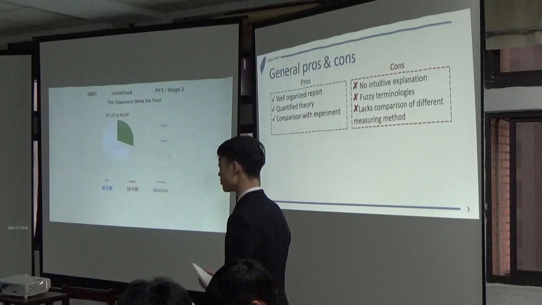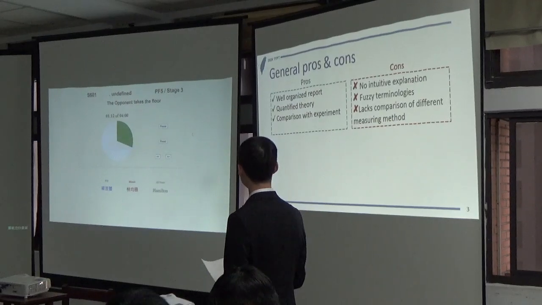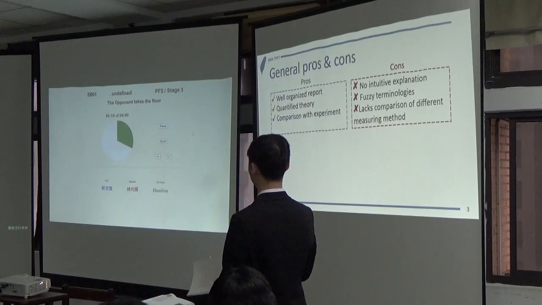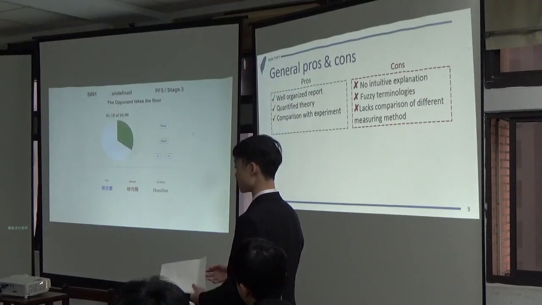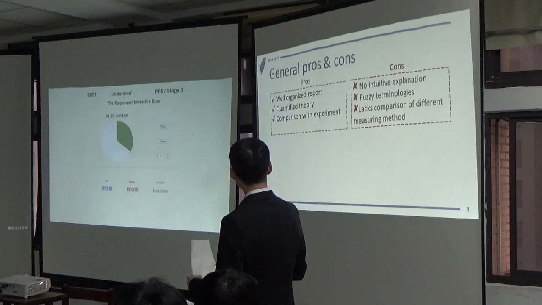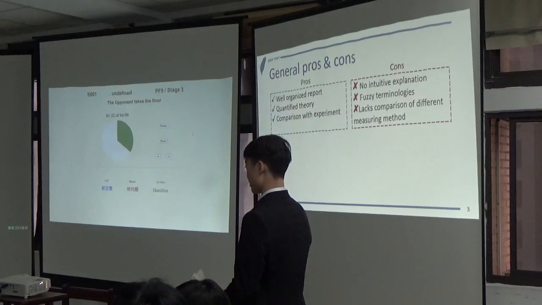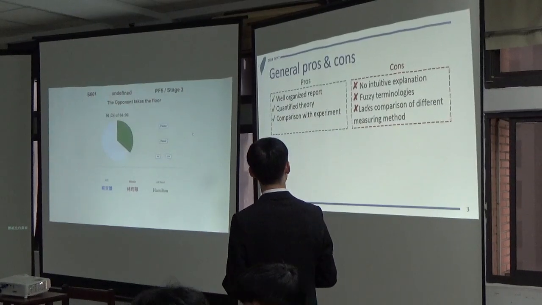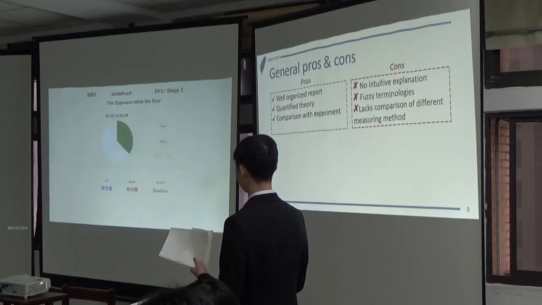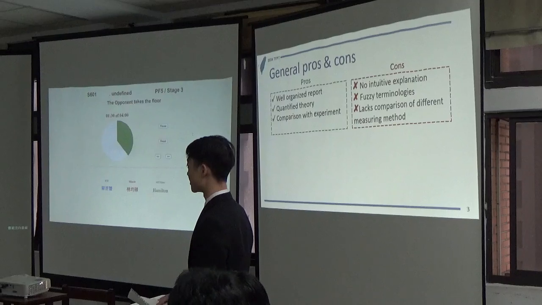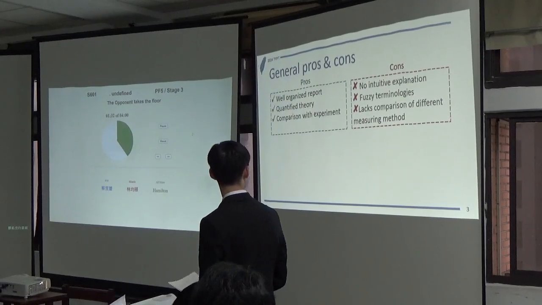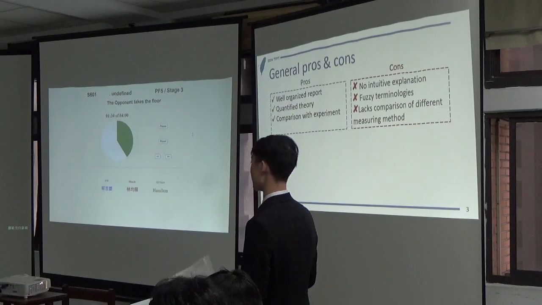Okay, so for general pros and cons for the reporters, we think that you have a well-organized report and a quantified theory of the torque, and you compare your theory with the experiment, but we think that you have fuzzy terminology in terms of the bending angle and the stiffness of the ruler, and we think that you lack comparison of different measuring methods.